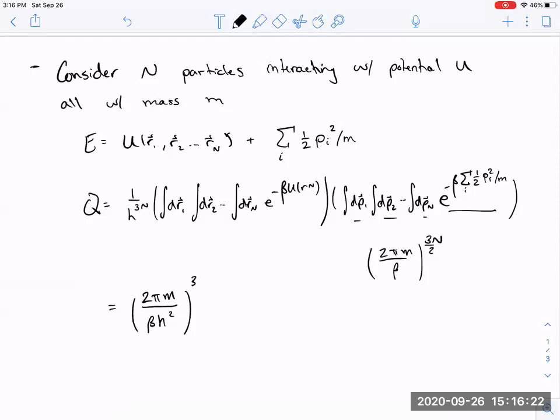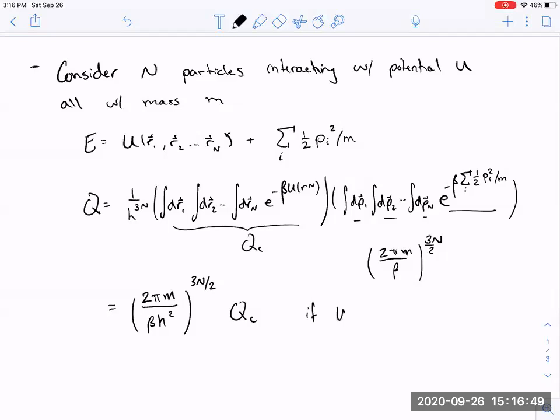That will give us 3n factors of this 2 pi m over beta h squared. And we can call that leftover integral over space QC, that configurational integral, which may be very difficult to evaluate.